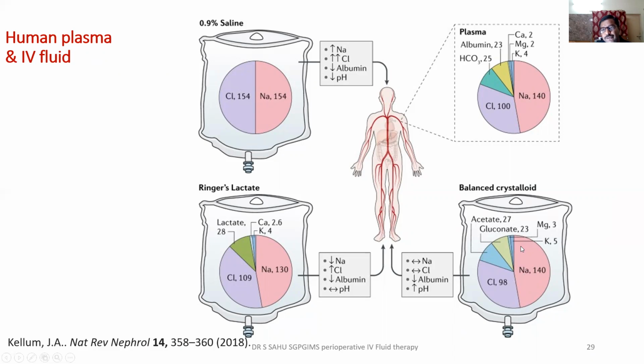But in balanced salt, if you see this, chloride is almost equal to plasma, sodium almost equal to plasma, potassium is almost equal. The bicarbonate is taken care of by the acetate and gluconate here. They have magnesium, and the balanced salt also comes with calcium.